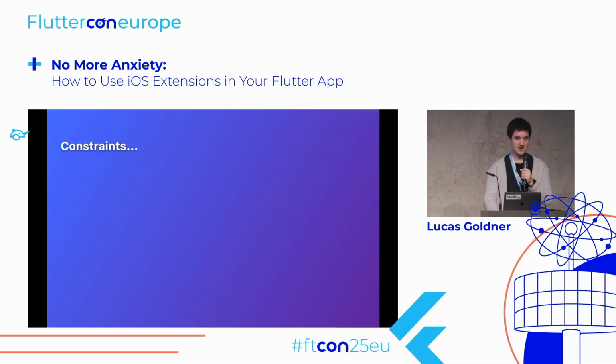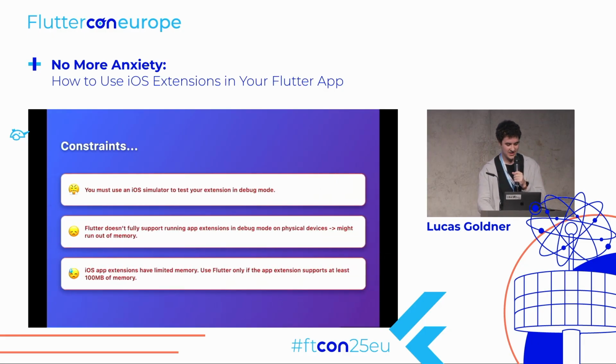But there are some constraints you have to watch out for. Actually three. First, to test, you should use an iOS simulator in debug mode if you want to try it out. The reason for that is memory. iOS app extensions have a limit of 100 megabytes. So the Flutter engine that you're starting in the extension is not the actual Flutter engine, but a smaller version of it, so it can run inside of this extension.